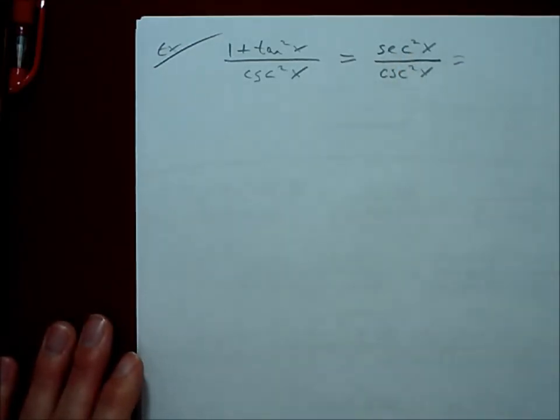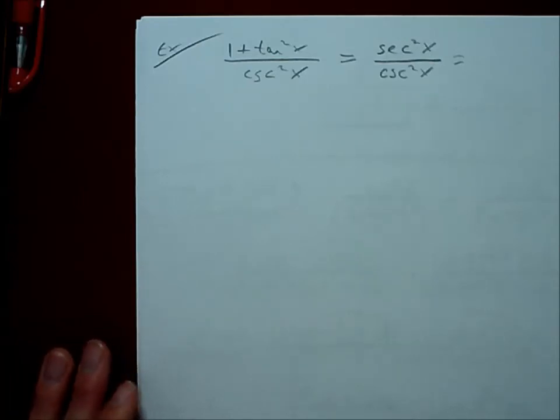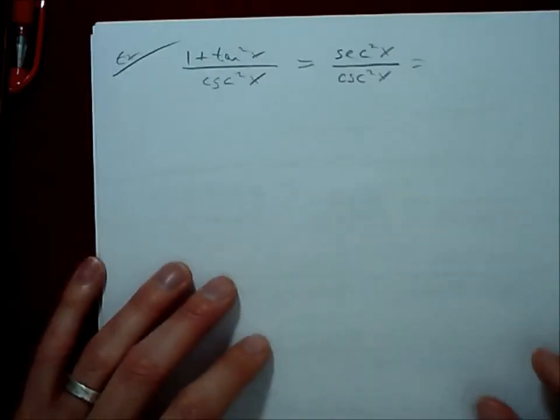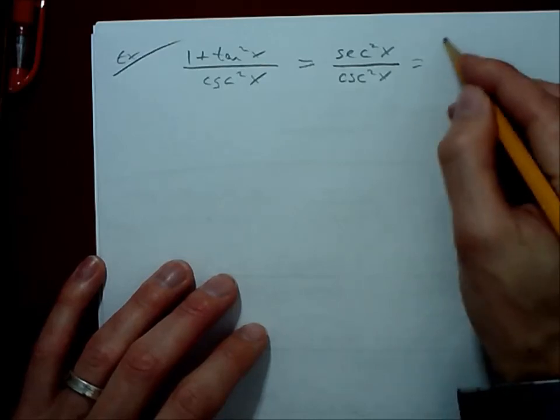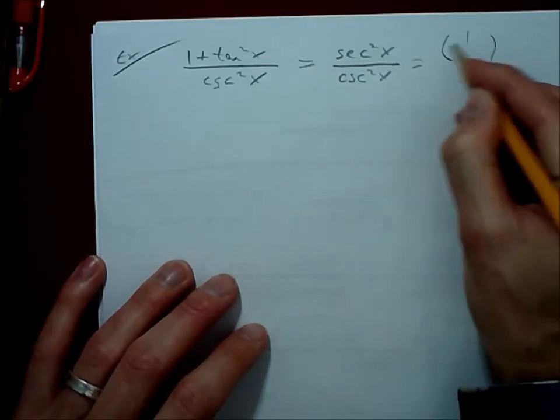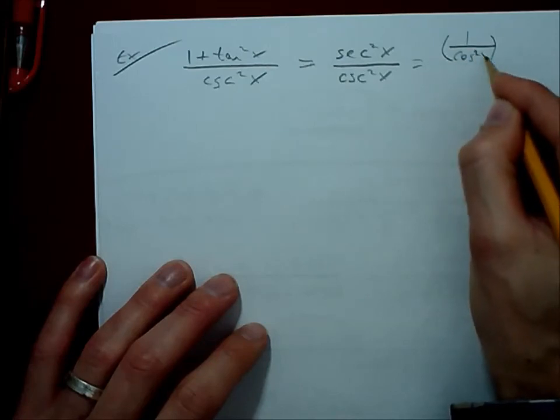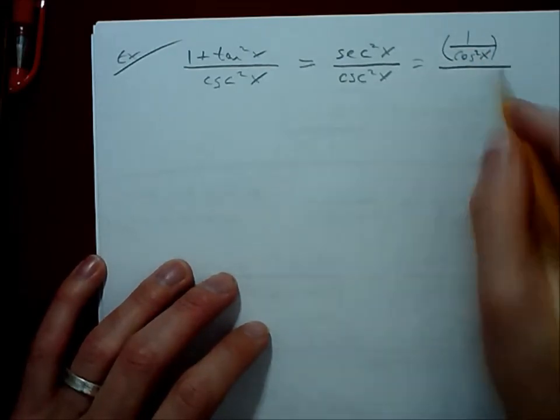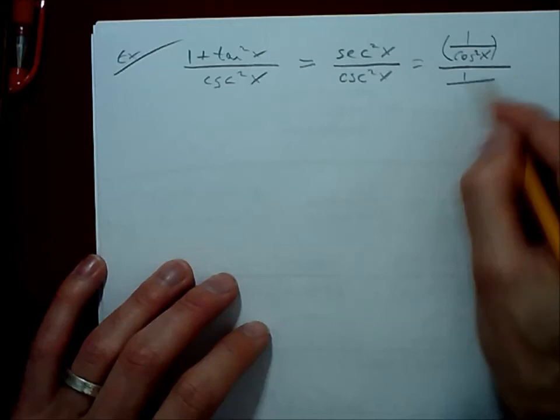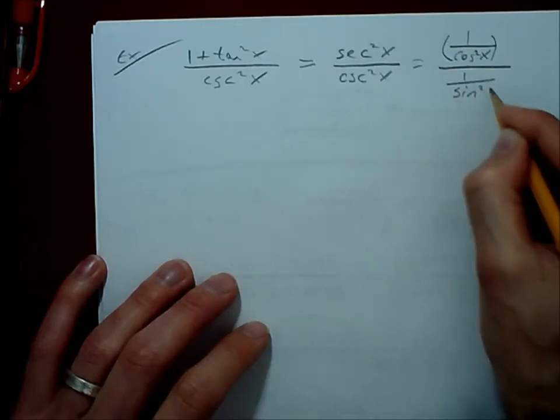Okay, now let's convert it to sines and cosines. So secant squared would be what? 1 over cosine squared. And cosecant squared would be 1 over sine squared.